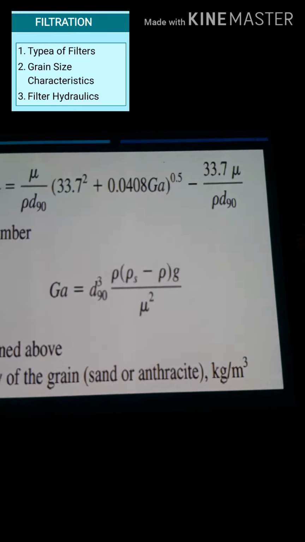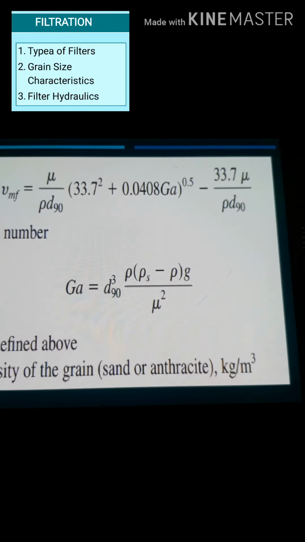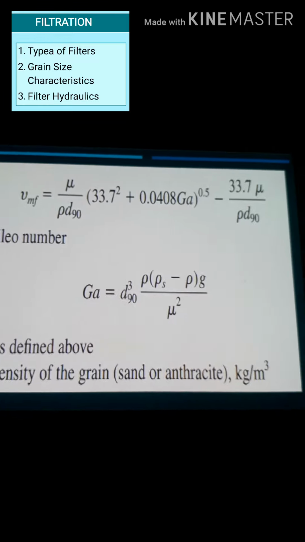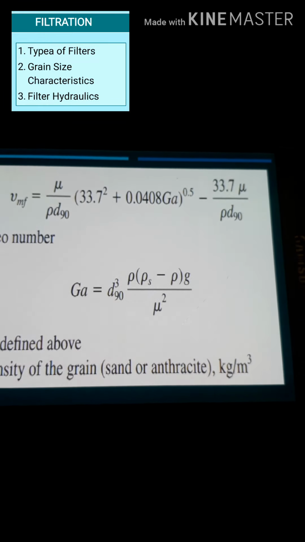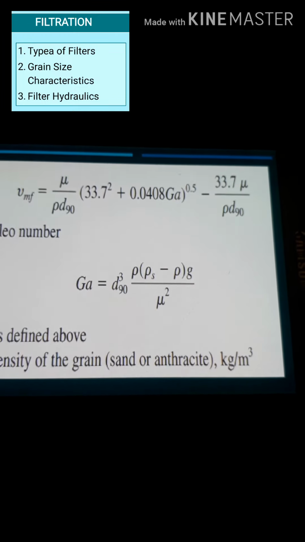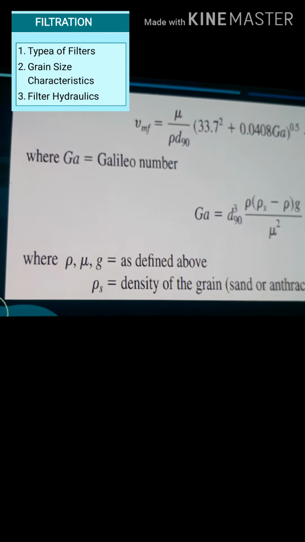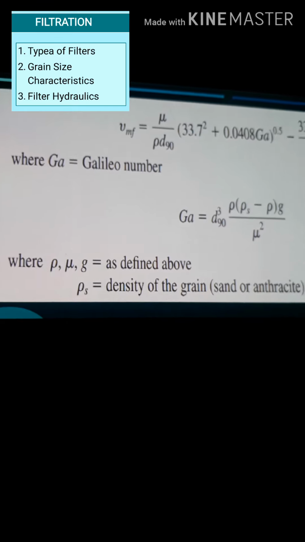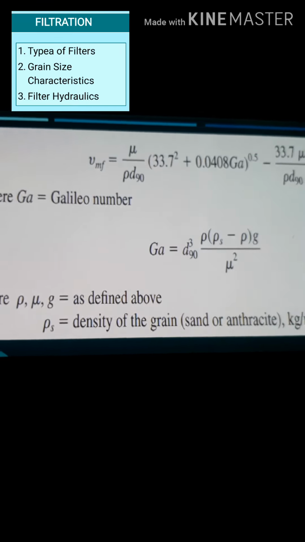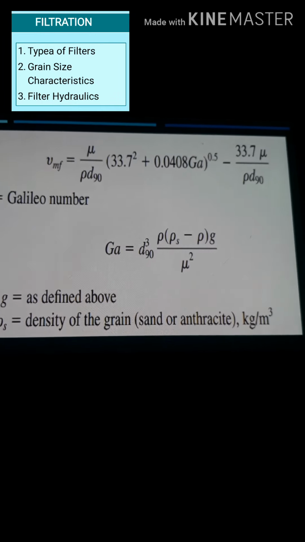Ga is equal to D sub 90 cubed times density times the quantity density sub S minus density times G over mu squared, where the density, mu, and G are already defined above, and density sub S is the density of the grain, which is sand or anthracite.